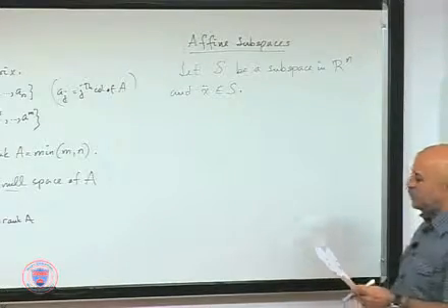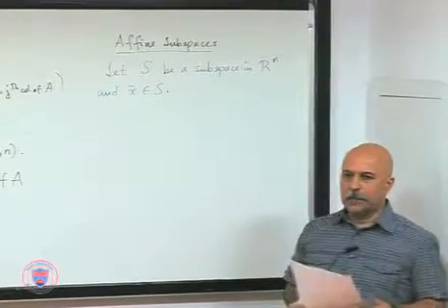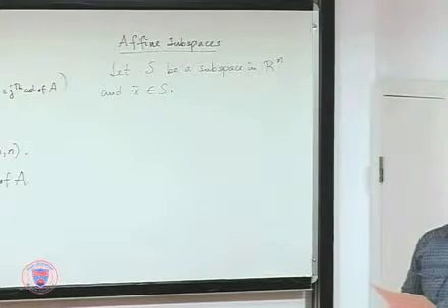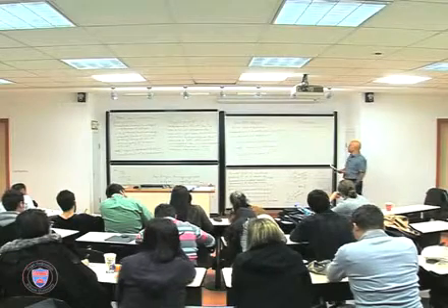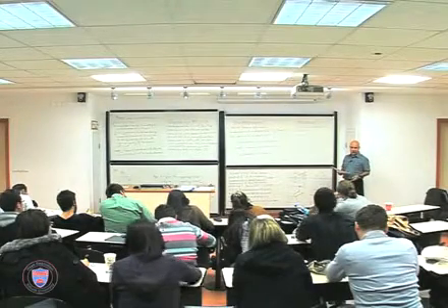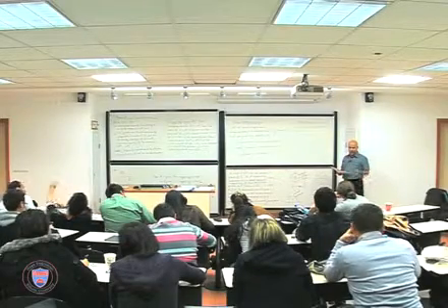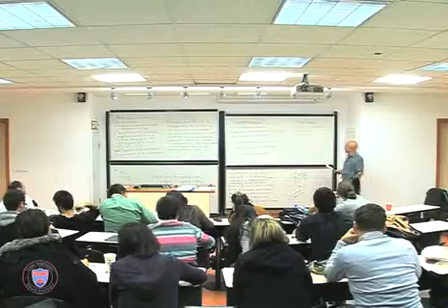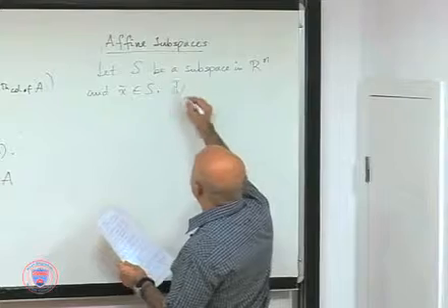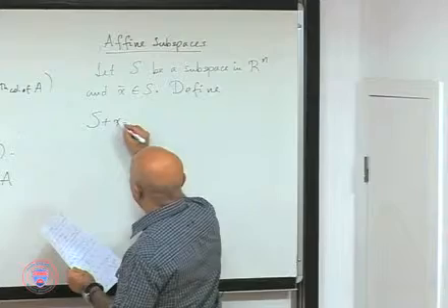So suppose we have a subspace S in Rn, and x bar is a point in S. Affine subspace and subspace are essentially the same things, except that an affine subspace does not have to contain the origin. It's transformed by a constant vector. In this case, it will be x bar. So let's define the set denoted by S plus x bar.